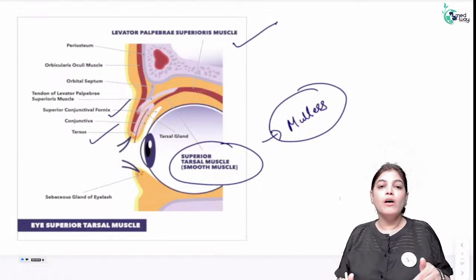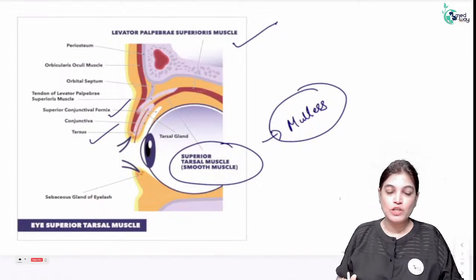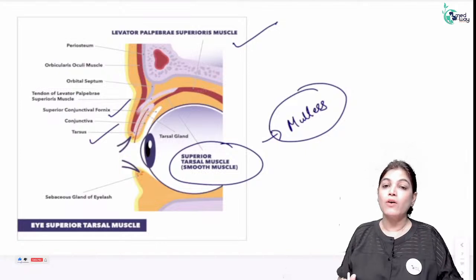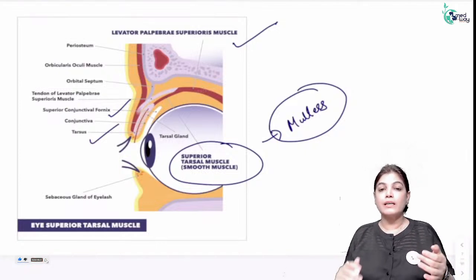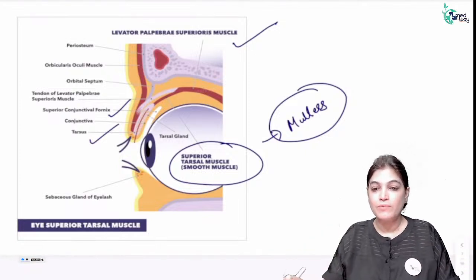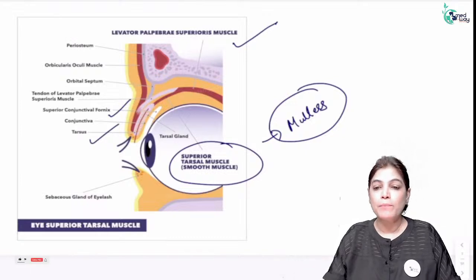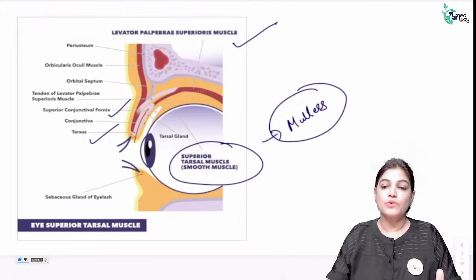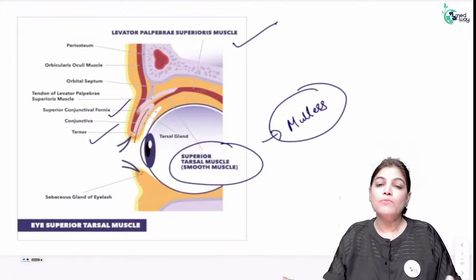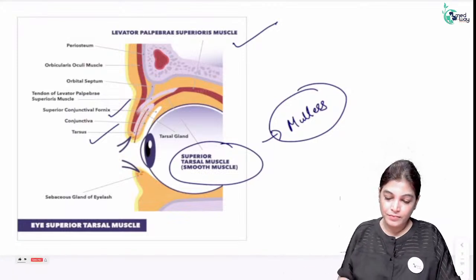So if the sympathetic innervation is gone, causing Horner syndrome, and the oculomotor nerve, which innervates the skeletal muscle fibers, is also not functioning, then complete ptosis will happen. But in Horner syndrome only partial ptosis happens because only the Muller muscle is affected.